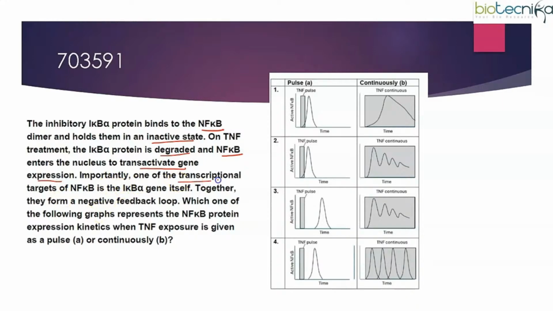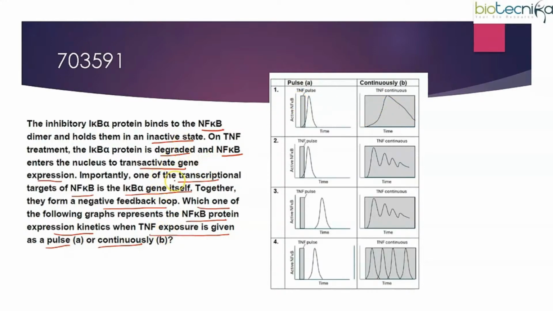Importantly, one of the transcriptional targets of NF kappa B is the I kappa B alpha gene itself. Together, they form a negative feedback loop. Which one of the following graphs represents the NF kappa B protein expression kinetics when TNF exposure is given as a pulse or continuously? A is when TNF is given as a pulse. B is when it is continuous TNF expression.